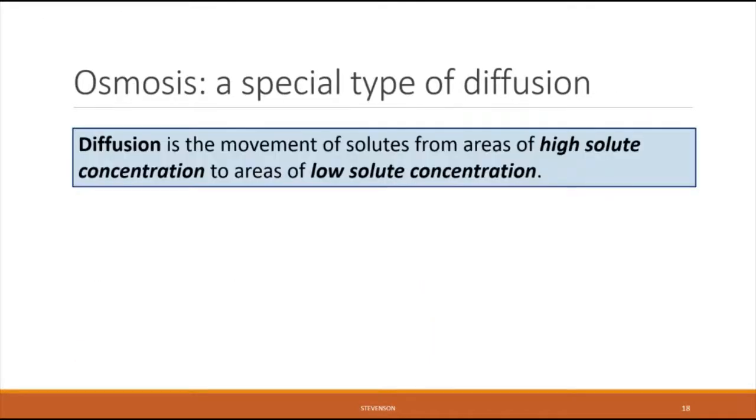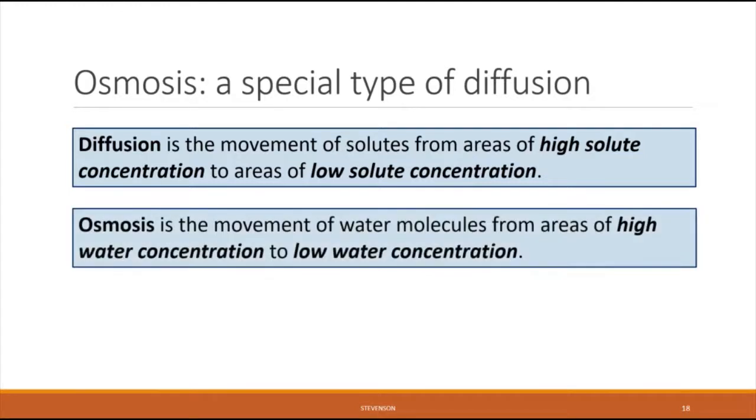Now, the third and final type of passive transport, which is perhaps the most tricky, is something called osmosis. Osmosis is a special type of diffusion. We saw that diffusion is where highly concentrated particles spread out to areas where they are less concentrated. Osmosis is sort of the opposite of this.